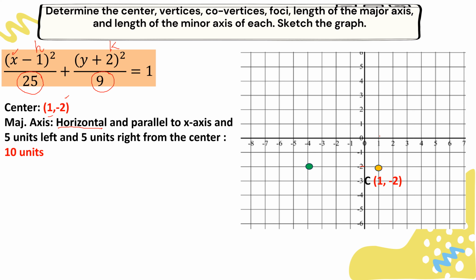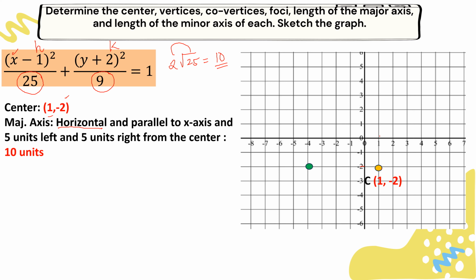Getting the major axis, this is 10 units, because 2 times the square root of 25 is 2 times 5, which is 10. So 10 units is the total length of our major axis, which is parallel to the x-axis.